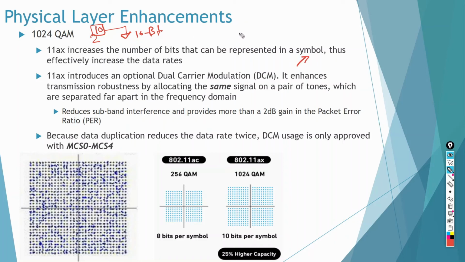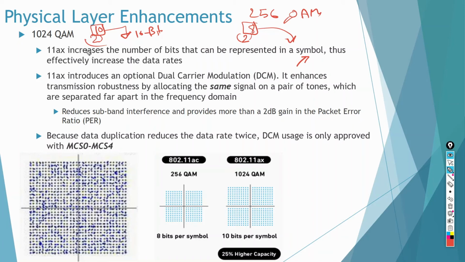In 11AC, which used 256 QAM, 256 equals 2 to the power 8, so 8 allows us to include 8 bits inside a Wi-Fi symbol. So which one is better? There is no brainer here.